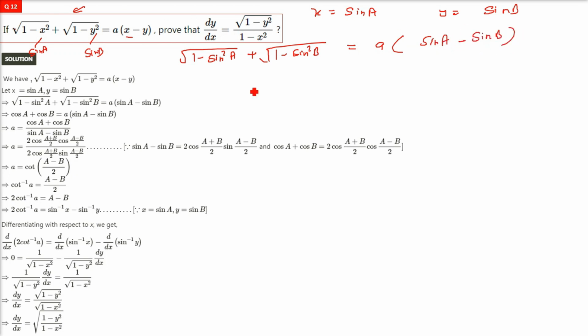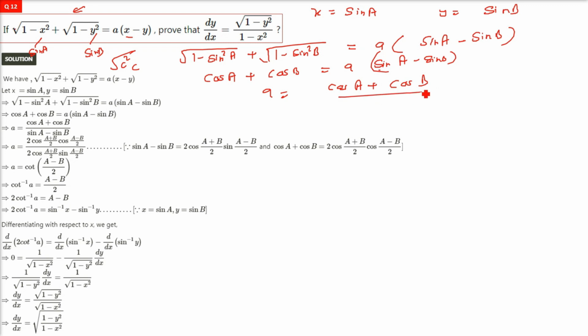Sin B. Under root 1 minus sin square is cos square A. Under root of cos square A will be cos. So this will be cos A plus cos B. Similarly, A into sin A minus sin B. Now bring this cos A plus cos B on one side, and keep A one side and others on the other side. So cos A plus cos B divided by sin A minus sin B.